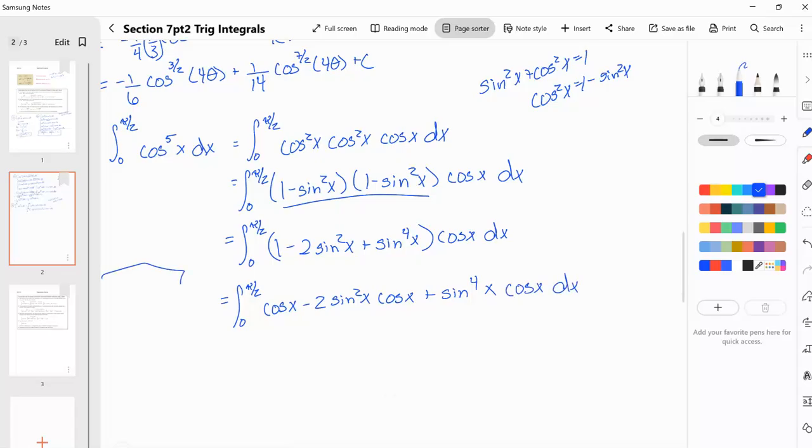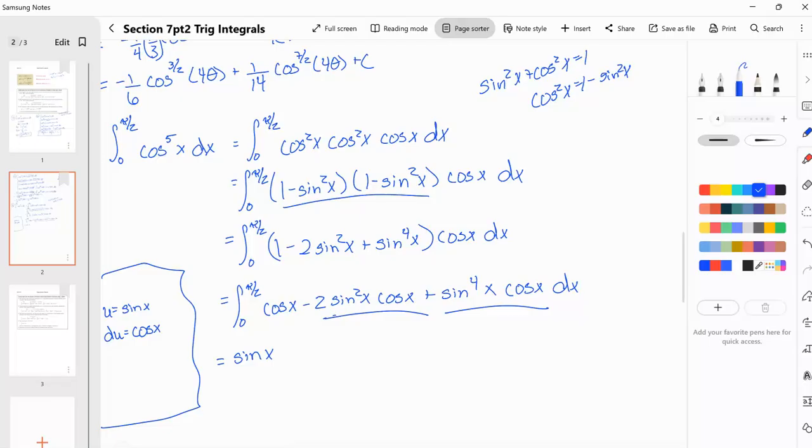So let's look at the big picture here. If we're thinking about substitutions, we're going to do a u substitution here and here. U would be sine of x. The derivative of sine is cosine of x. So let's integrate. If I integrate cosine, I'm going to get sine.